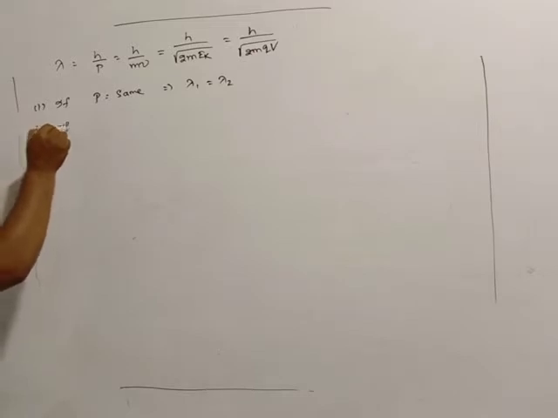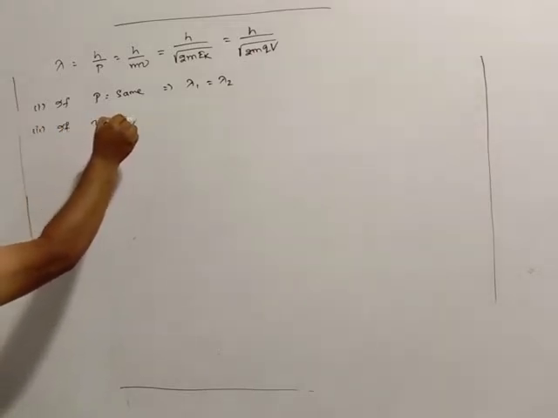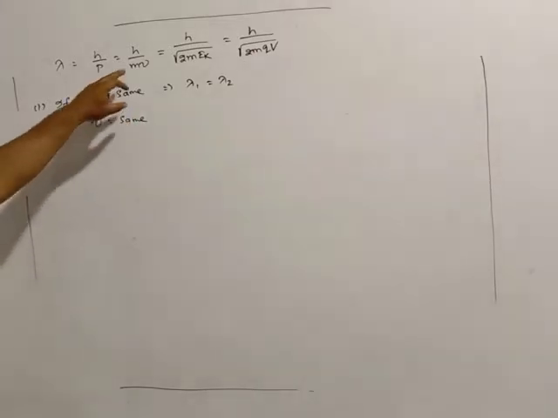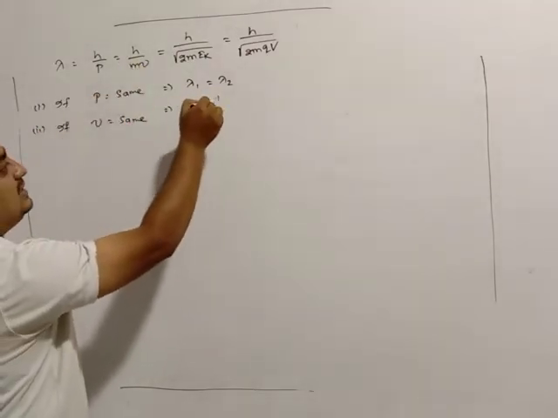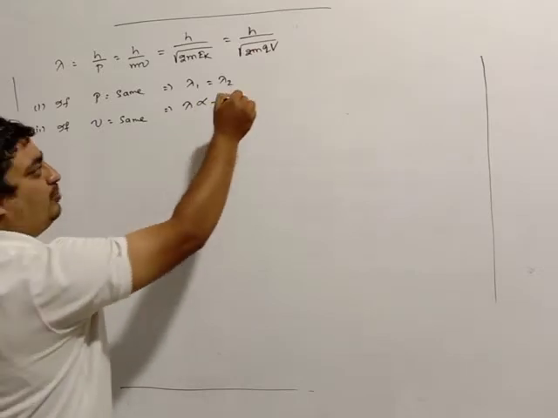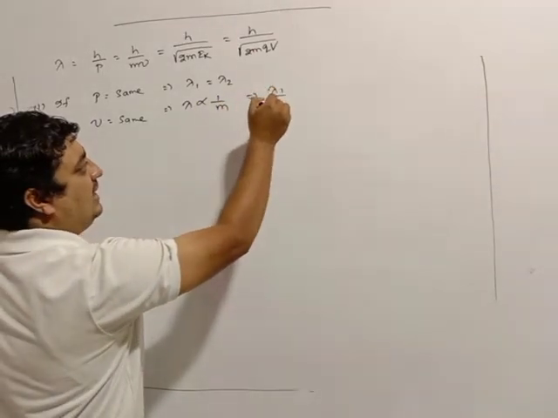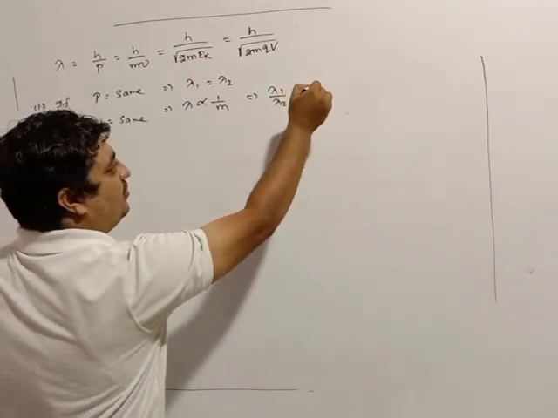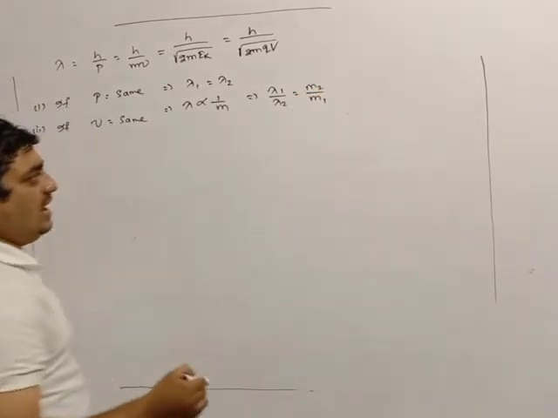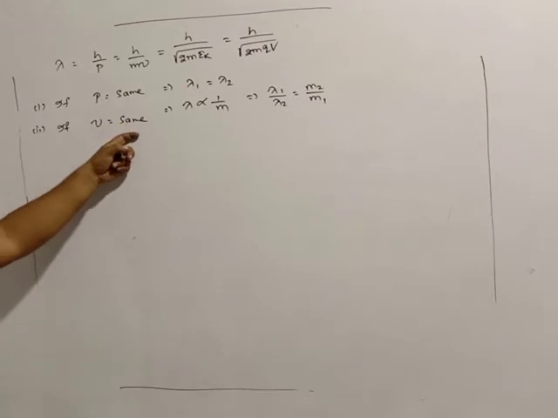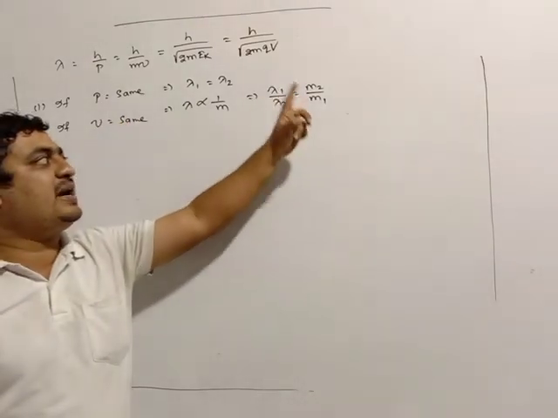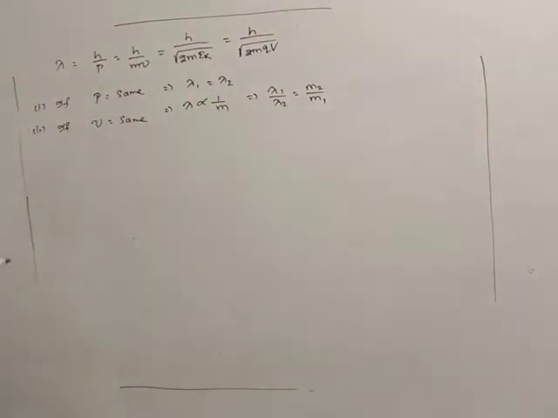Second, if v equal to same, two particles are moving with same speeds, then lambda is inversely proportional to mass. So we can say lambda 1 by lambda 2 equal to m2 by m1. That means if two particles are moving with same speed, the lighter particle has bigger de Broglie wavelength.